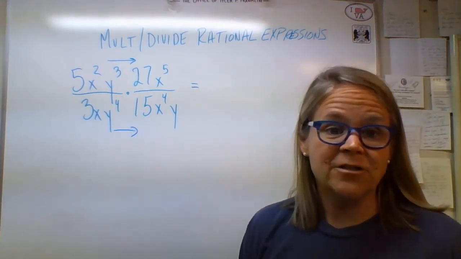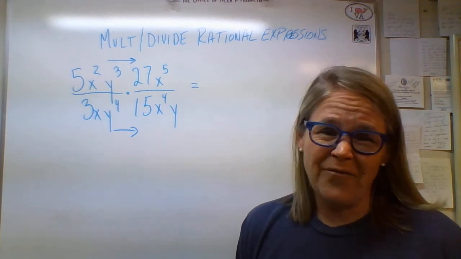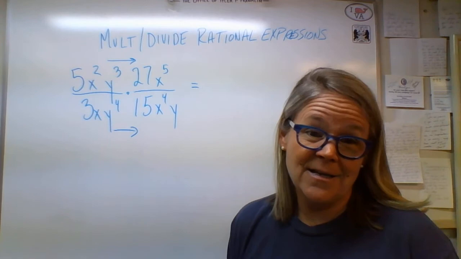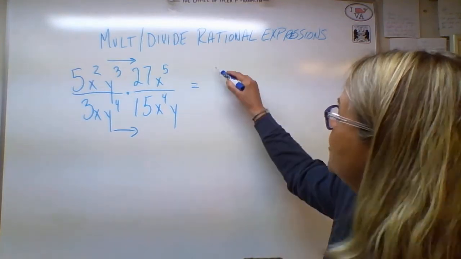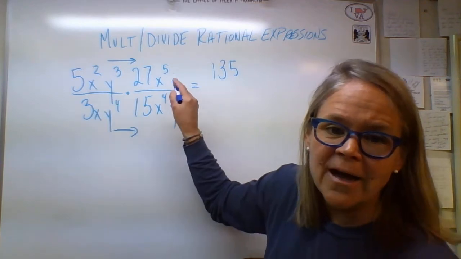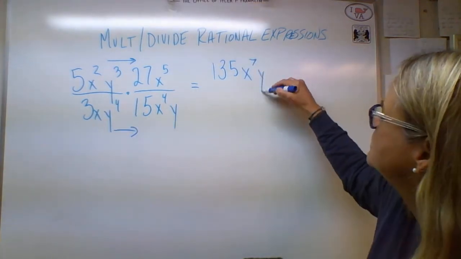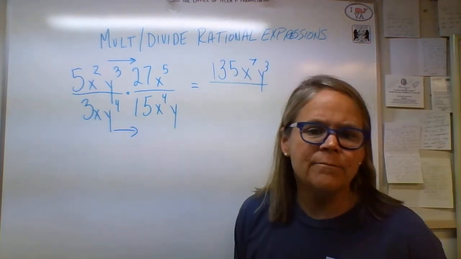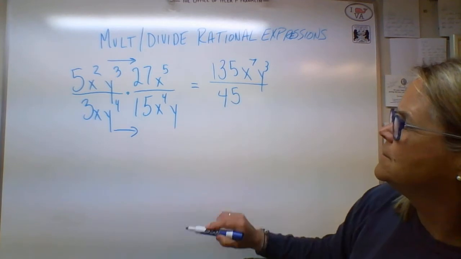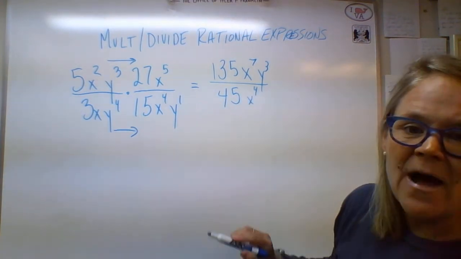Multiply your numbers, add your exponents. You should remember that. So 5 times 27 is, I think, 135. x squared times x to the fifth is x to the seventh. I got y cubed. On the bottom, 3 times 15 is 45, 4 x's, 5 y's.